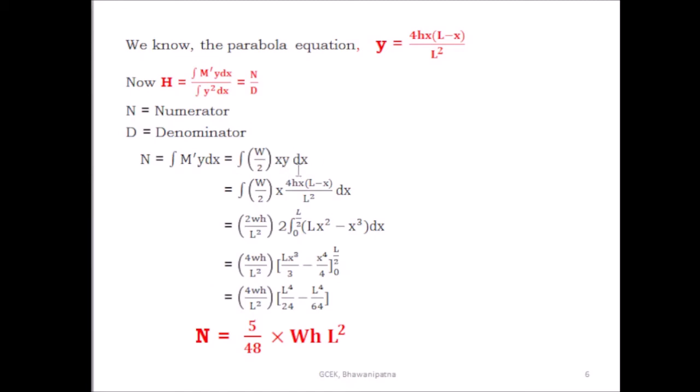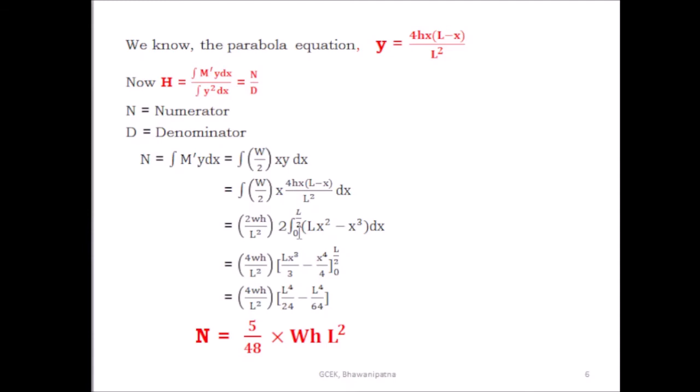Then you put the value of y from the parabola equation, y = 4hx(L − x)/L². So the numerator is the integral of (W/2) x · 4hx(L − x)/L² dx. Taking out 2Wh/L² and integrating from 0 to L/2 for both sides.